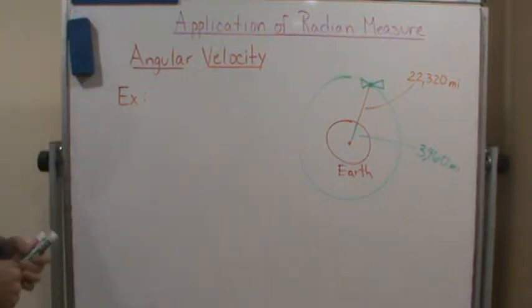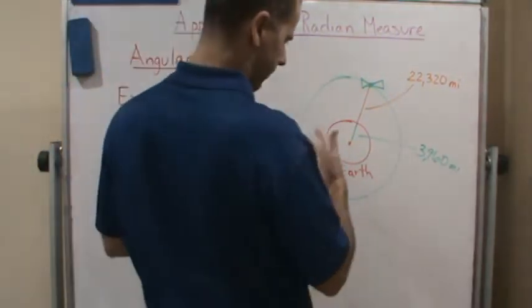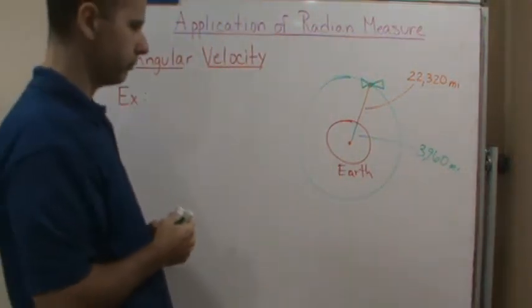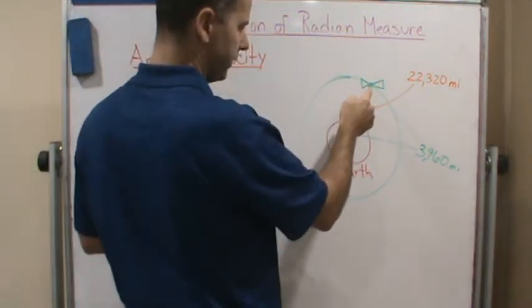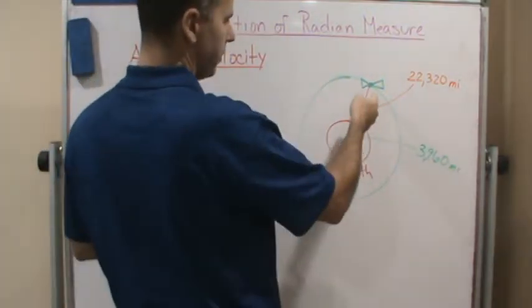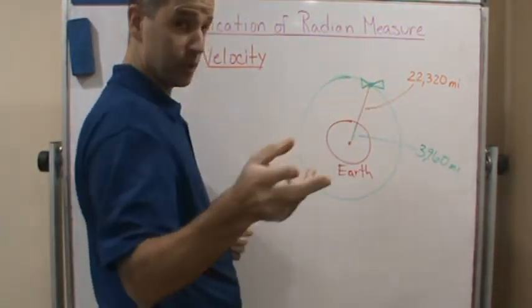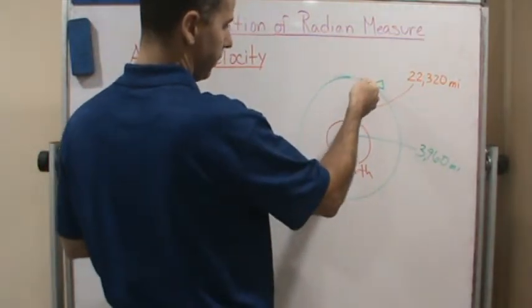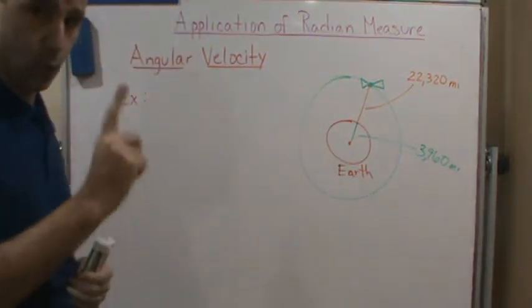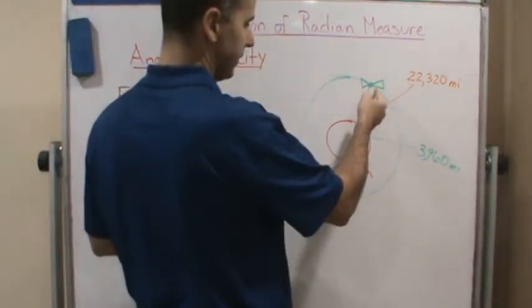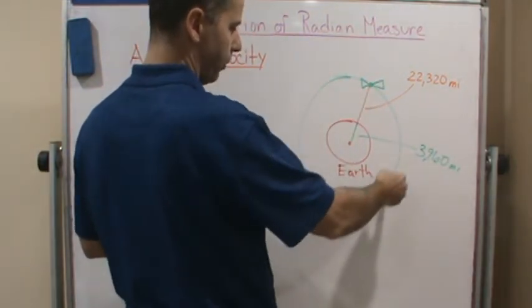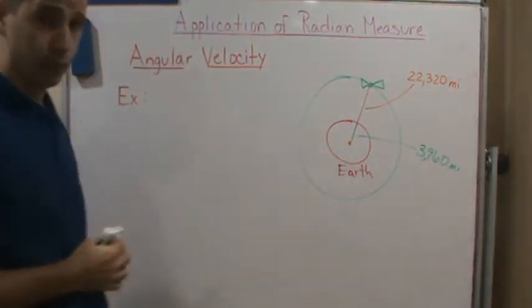Now, the thing is we don't have any other information, but let's think about this. First of all, we're told that it's moving along the equator of the Earth. That's important to know because if it's at the equator, then as it travels around for one day, it's going to have to take the same amount of time, right?